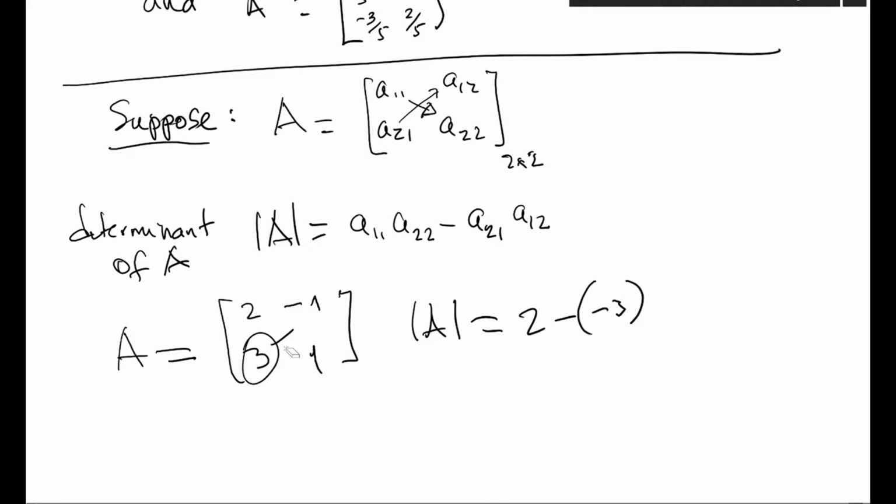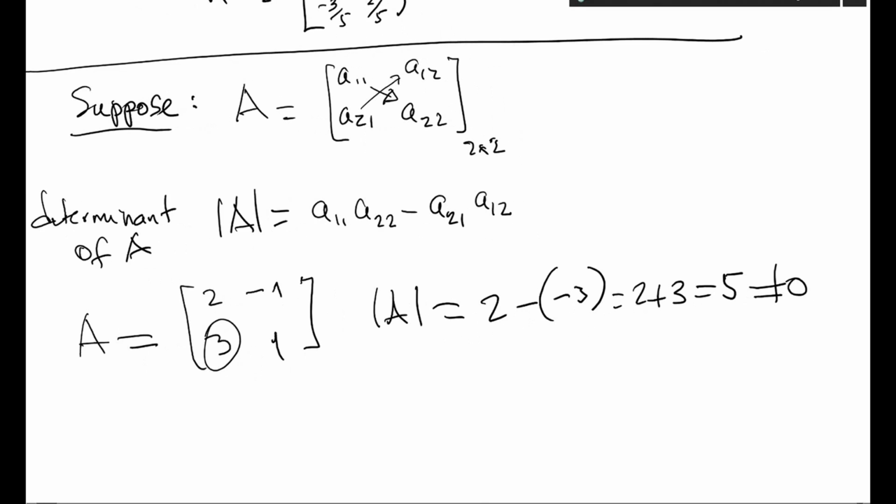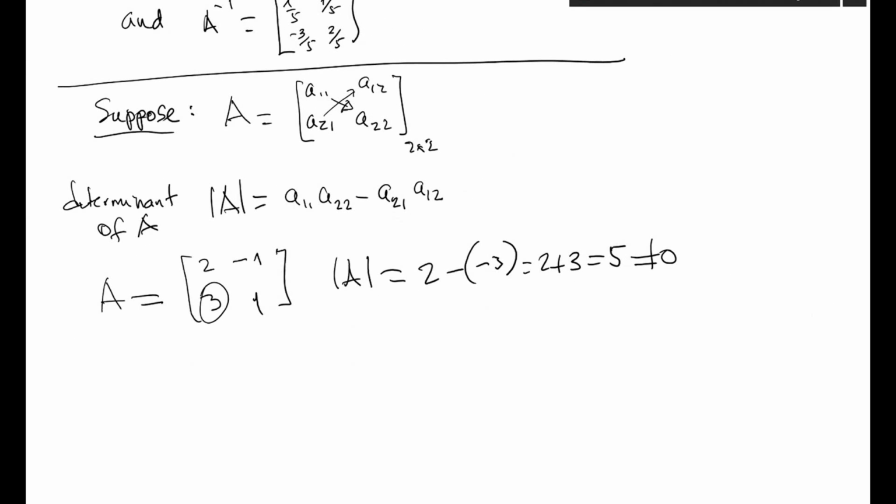And then the determinant gives us 2 plus 3 equals 5, different from 0. Whenever you have a square matrix and its determinant is different from 0, it has an inverse, for sure. Then it is a non-singular matrix.